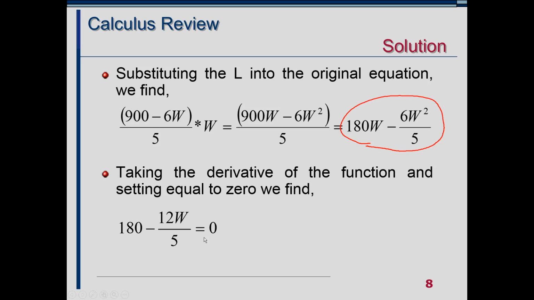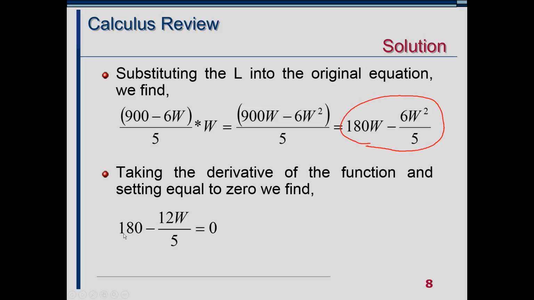So if we go in and we take the first derivative of this function, 180w minus 6w squared over 5, here's what we find. Remember how to take the first derivative of just 180w? It's just going to be the constant, 180.